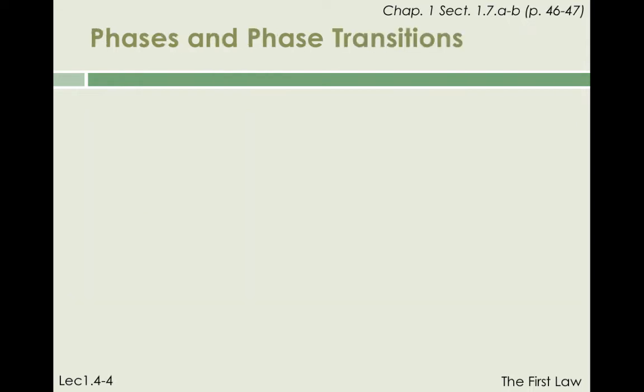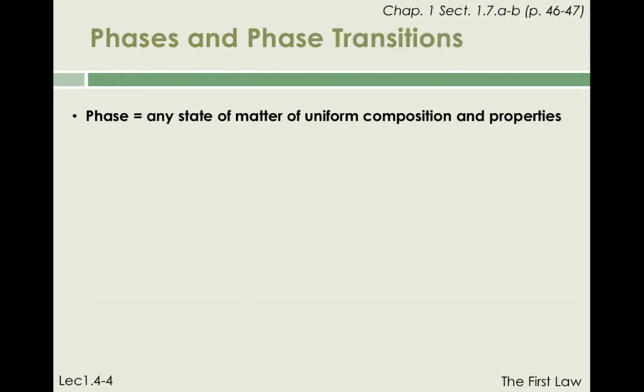So, what is a phase? A phase is a state of matter of uniform composition and properties. When you consider any substance, you can expect that they will have at most one vapor phase. Some substances, especially those of high molar mass, cannot be brought into that state without undergoing chemical degradation, that is, without breaking covalent bonds.